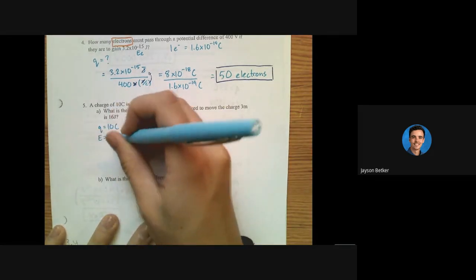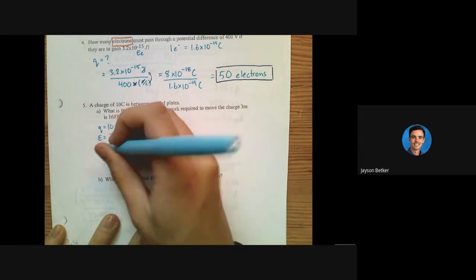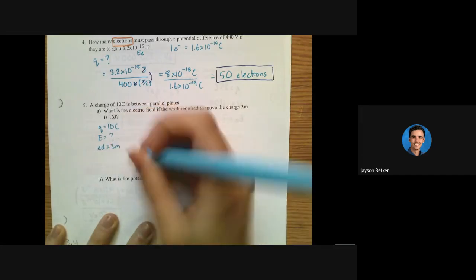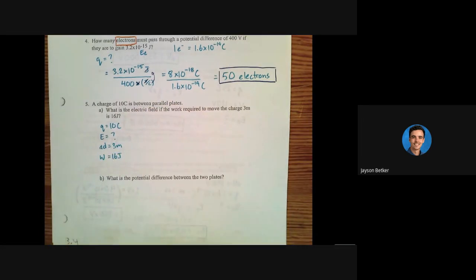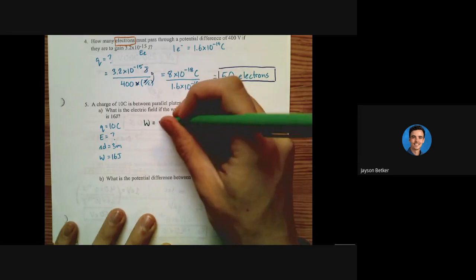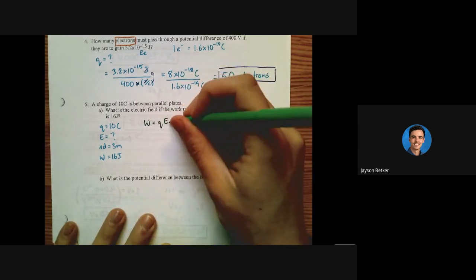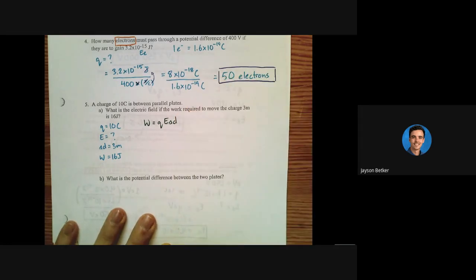We know that the displacement is 3 meters, and the work involved is 16 joules. Where have we seen all of these in the same place before? You can go to your formula sheets and look them up. The formula that comes to my mind is that work is equal to the charge multiplied by the electric field multiplied by delta D.